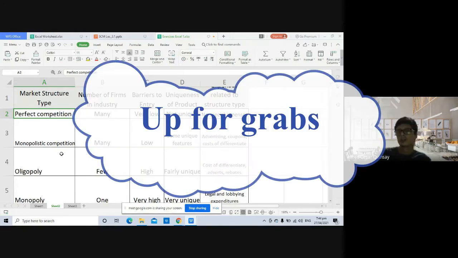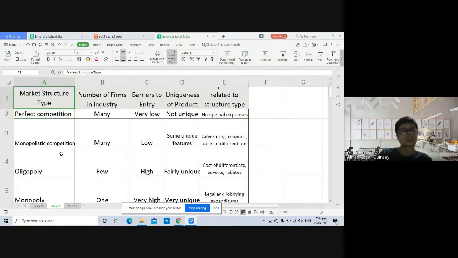Dito sa perfect competition, masasabi natin has many buyers and sellers, no one of which is large enough to influence the market.